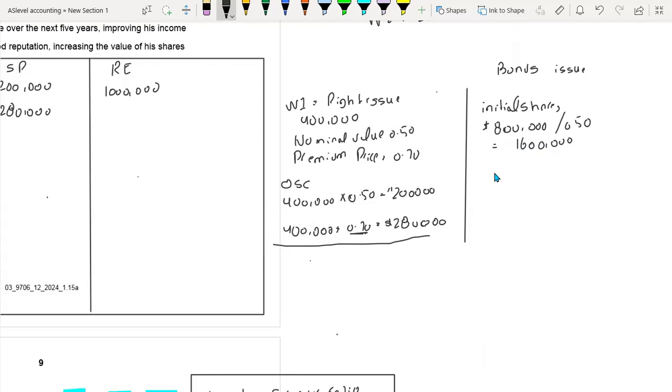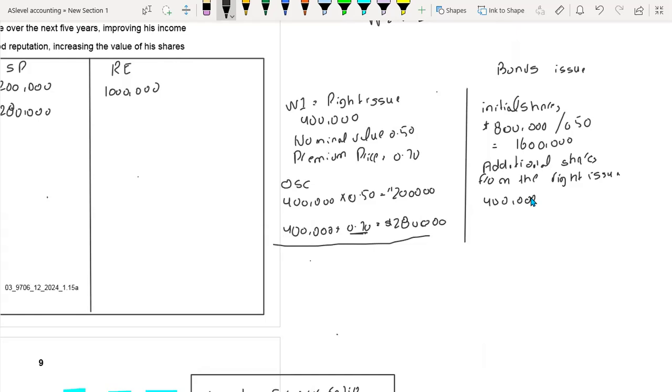And there are also some additional shares from the rights issue, and that was 400,000.